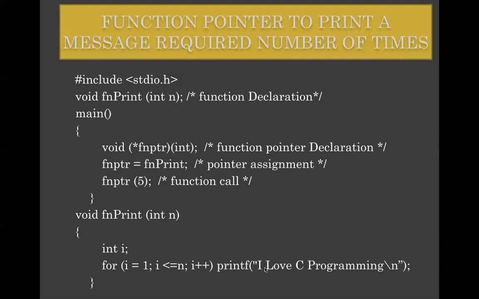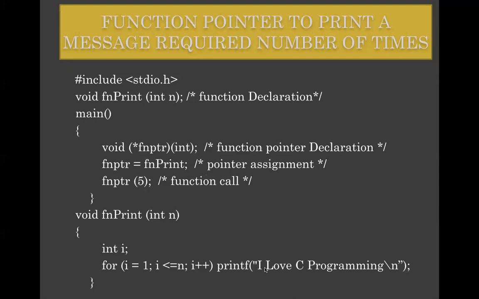The idea of using a function pointer is if I want to call a function during runtime, that is, if I want to choose a function dynamically during runtime based on certain conditions, I can use a pointer to function, which will be very helpful. So to write a generic function, I can use this pointer to function.